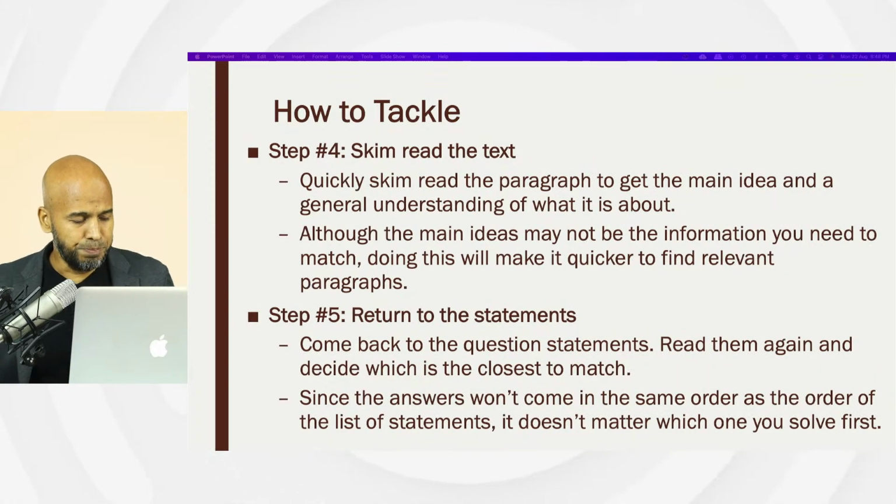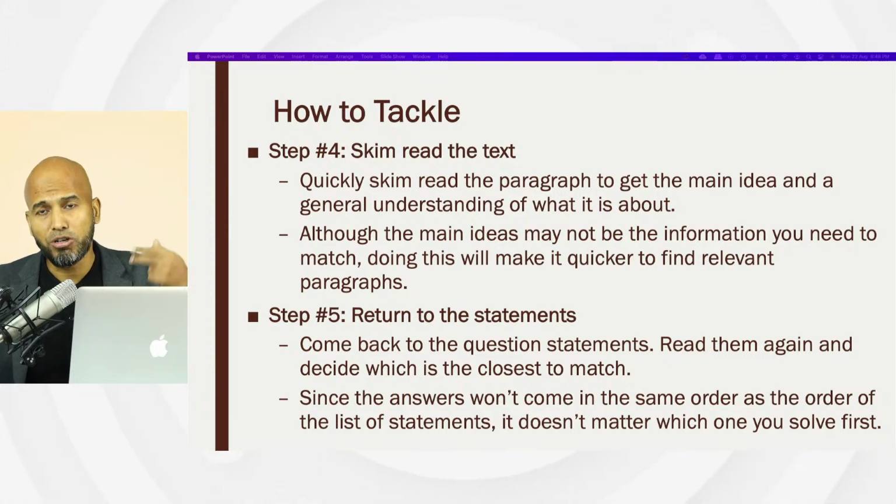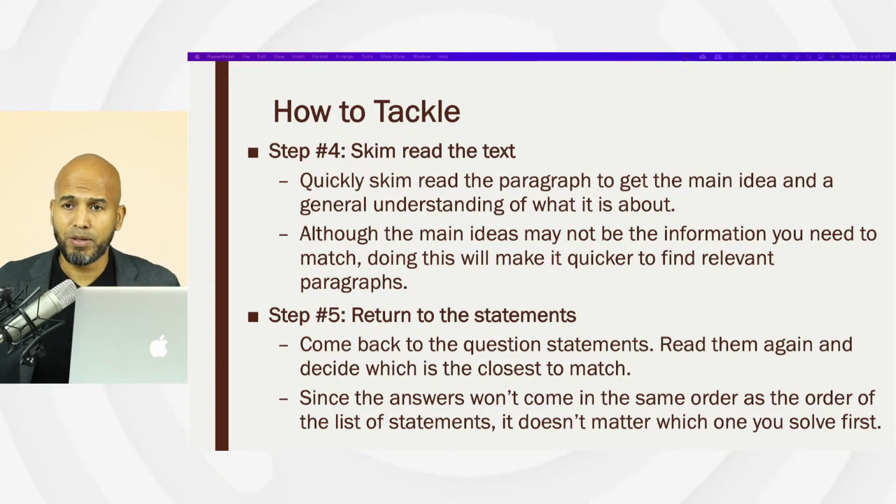So step number 4, skim read the text. Quickly skim read the paragraph, and this is what we have done today, to get to the main idea and a general understanding of what it is about. Although the main idea might not give you the information you're looking for.